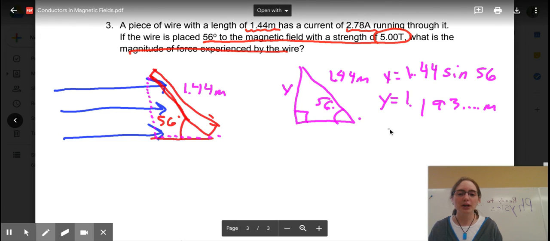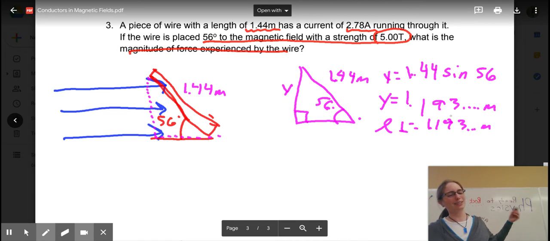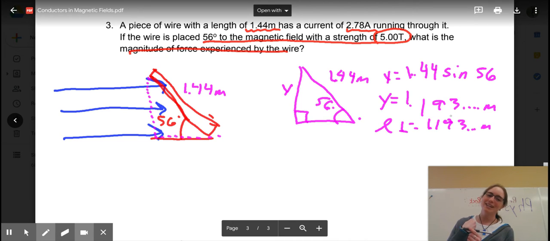So that is going to become my length perpendicular. You are going to use all of these values in your calculator. Never round midway, always round at the end, because if you have a diploma, that's at the end of the year, that's how they're going to get their diploma numbers. Rounding at the end only. University, they'll do that too. So round at the end.